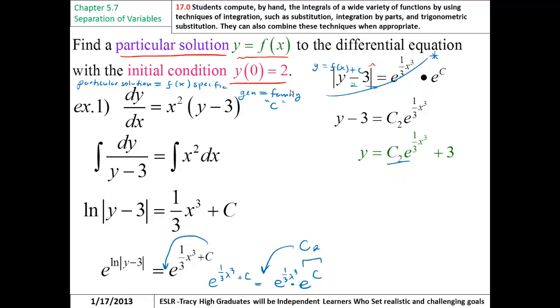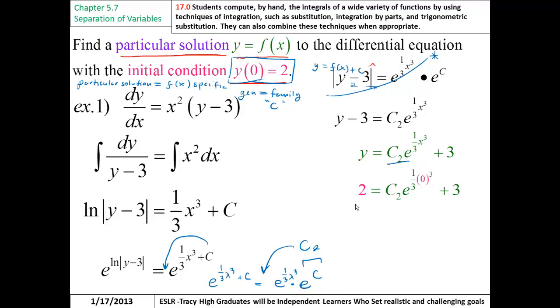Now we need to make sure this is also true: not only does dy/dx have to equal x squared times the quantity y minus 3, but y of 0 also has to be 2. We can just plug in 0 for x and 2 for y and solve for c. e to the 0 luckily is 1, and that happens a lot.